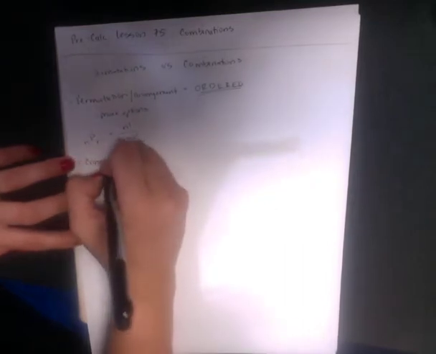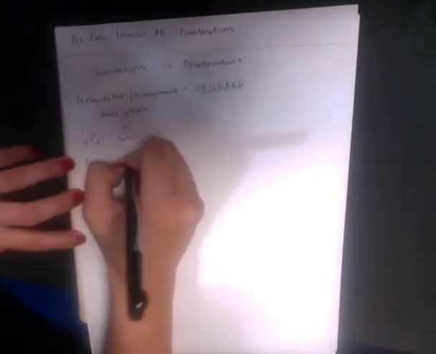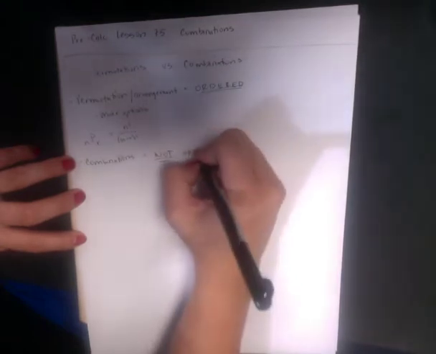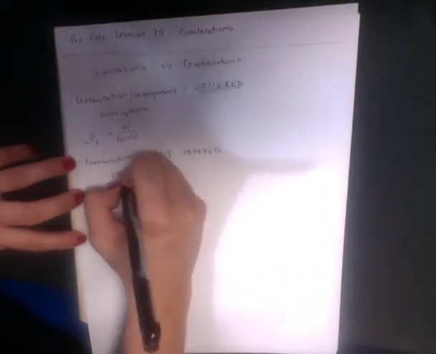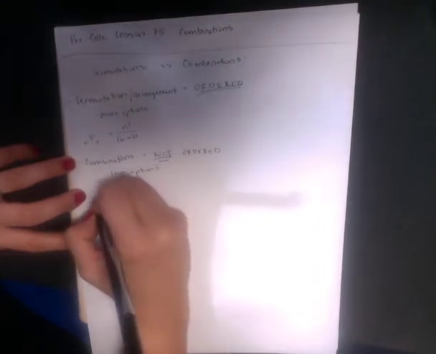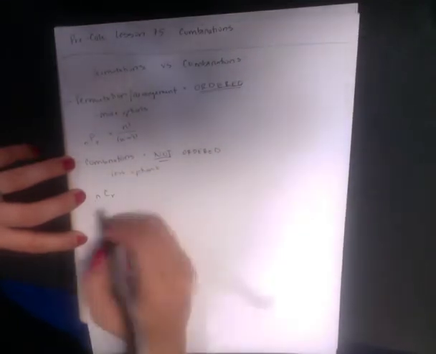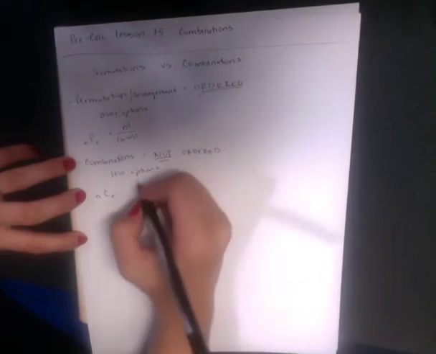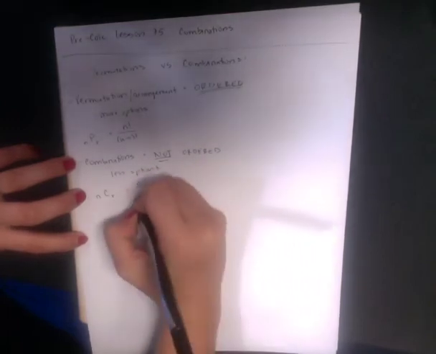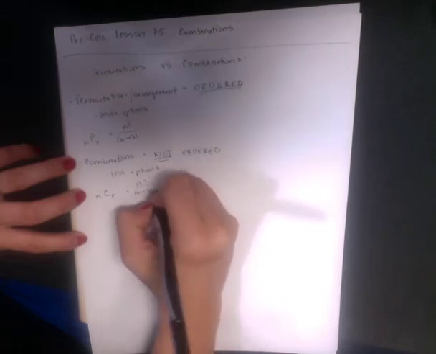Combinations are not ordered, and this actually gives us less options, as you will see. And we write it as nCr, which is n factorial over n minus r factorial times r factorial.